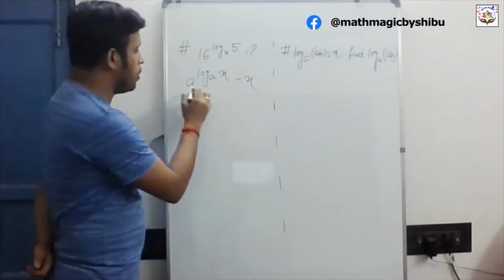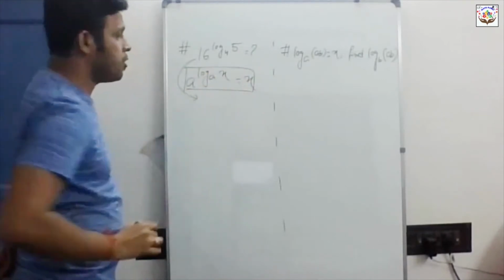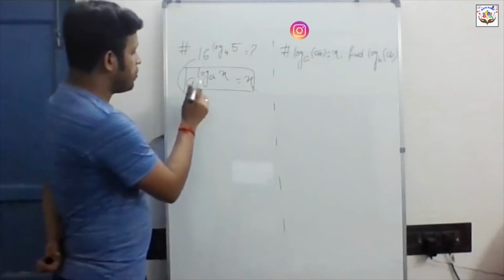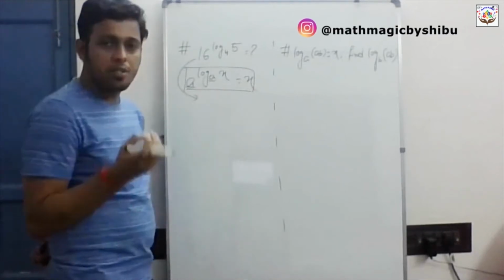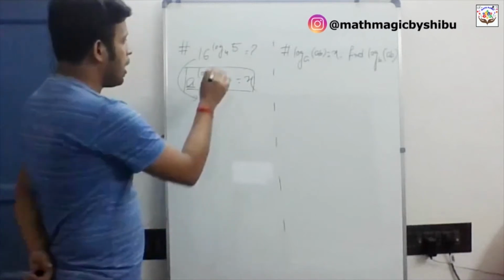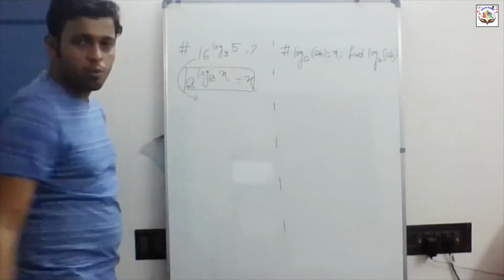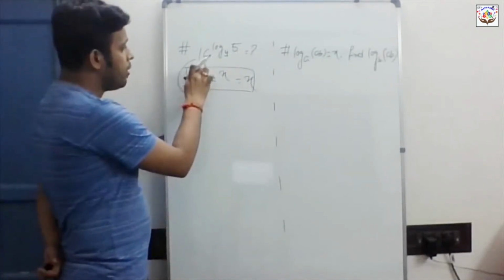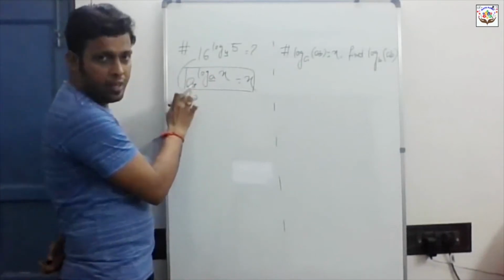Just remember this formula, because this problem will be based on it. As per this formula, the a and the base need to be the same. Now here the base is 4, like a. So we need to make this 16 in the form of 4.